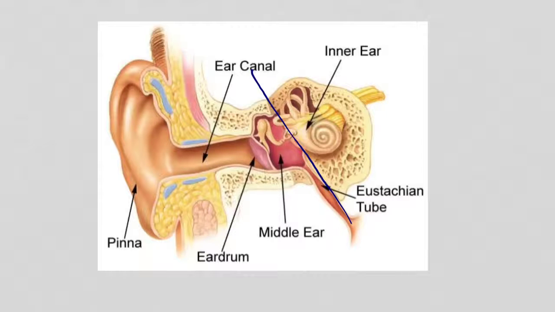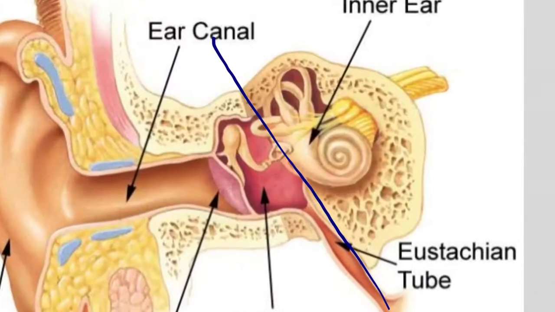Because the inner ear is a fluid-filled space, there's endolymph inside there. There's endolymph inside these canals. Let me zoom in. There's endolymph in here, and there's also perilymph outside of the endolymph. So just think of fluid.